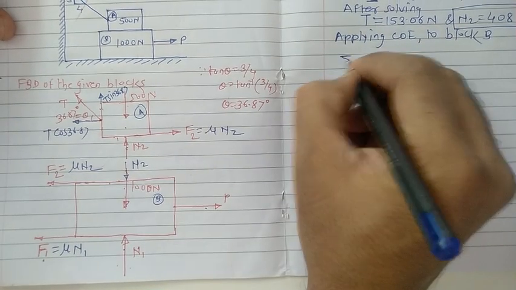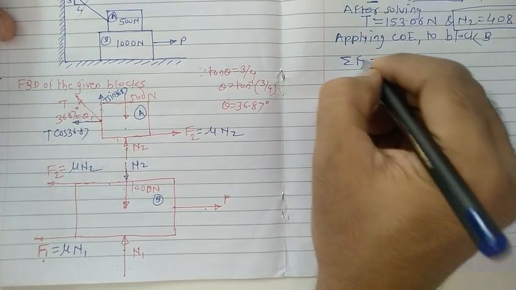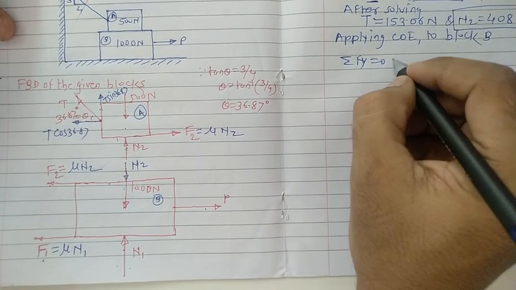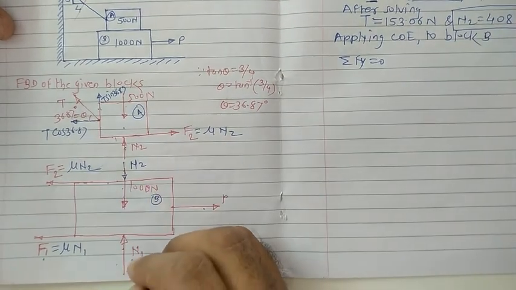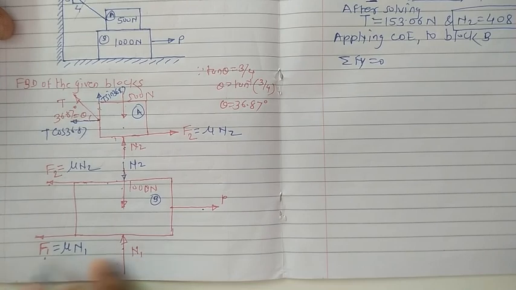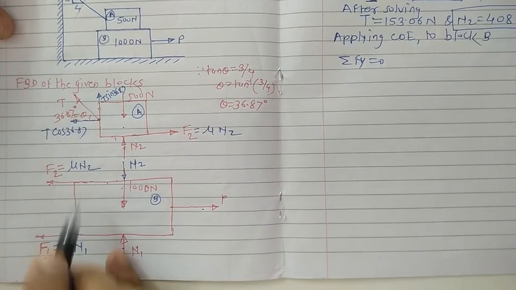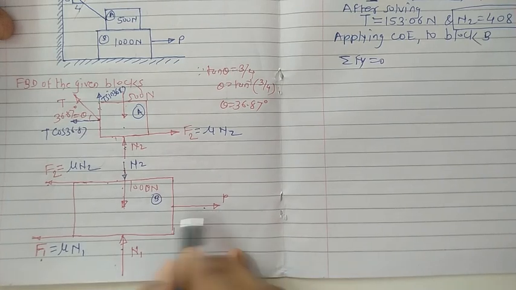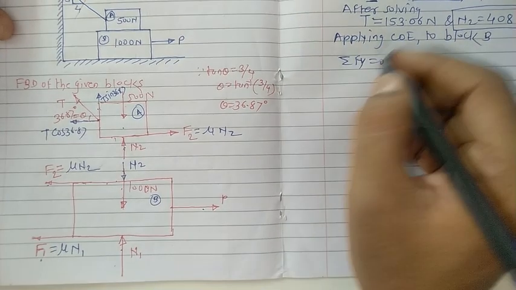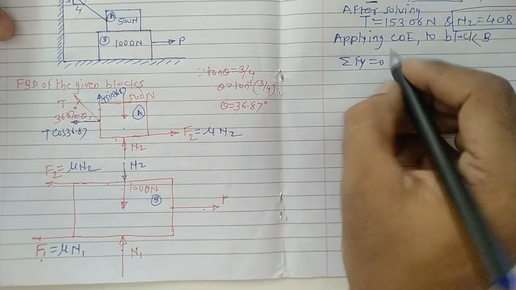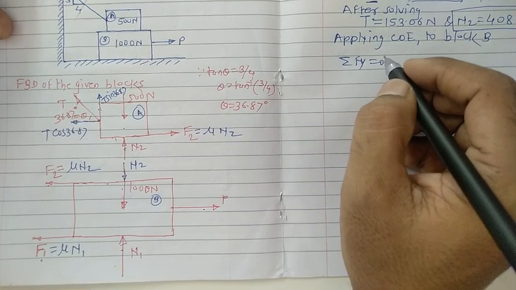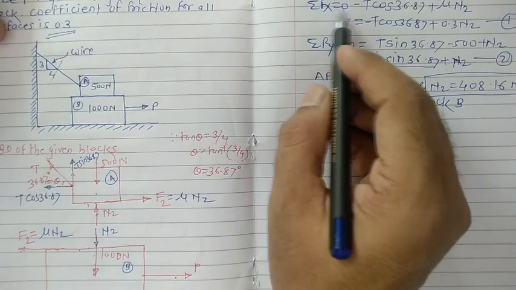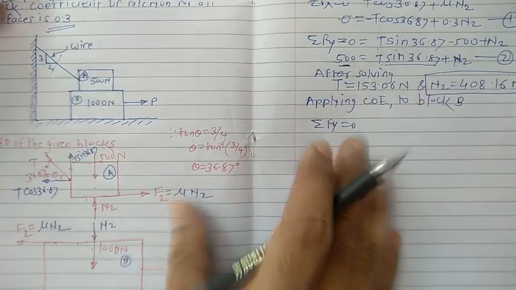I apply summation of Fy equals 0 as the first condition, and you can easily get the value for N1. So N1 is actually proportional to this F1. Already the value for N2 we got from the previous relation, so you can easily get the value for P. As per our convenience, we can use summation of Fx equal to 0 first, or summation of Fy first.